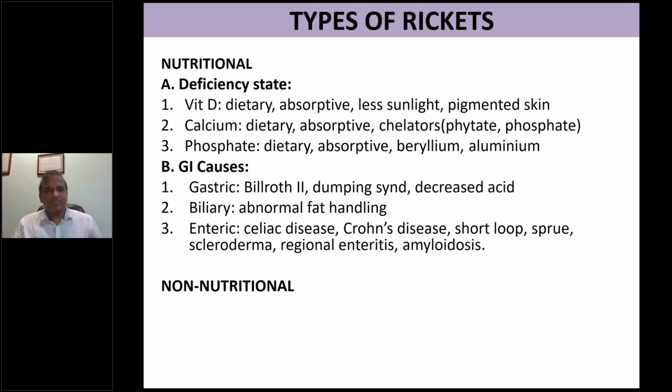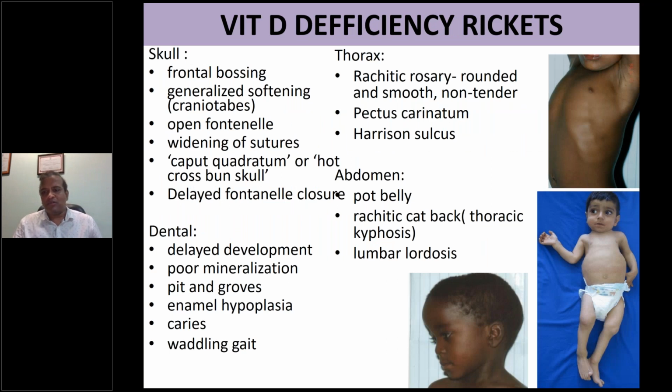So deficiency rickets, the clinical features in a florid scenario have the whole body with some changes starting from top to toe. From the skull, you have frontal bossing. There can be generalized softening of the bones, which is otherwise known as craniotabes. You can feel the skull bones are soft.